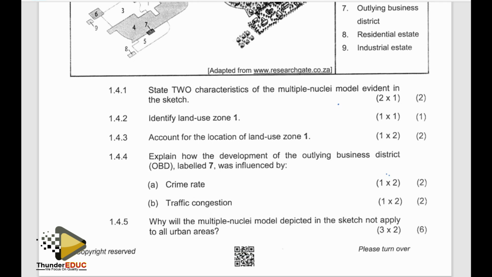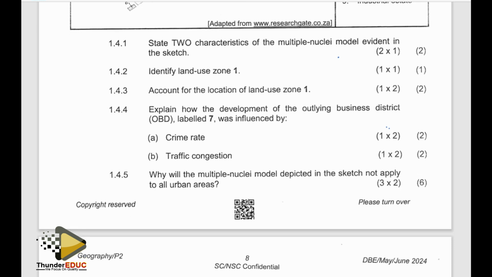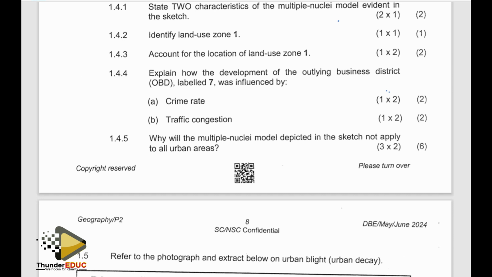Then you can also look at the fact that it cannot apply in all cities because it doesn't consider the historical background of the development of such cities. For example, talk of a South African city. Remember, we have another model of a South African city, which shows how cities in South Africa look.